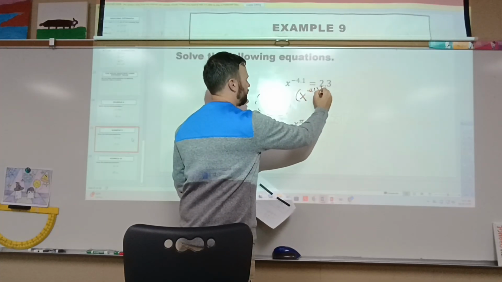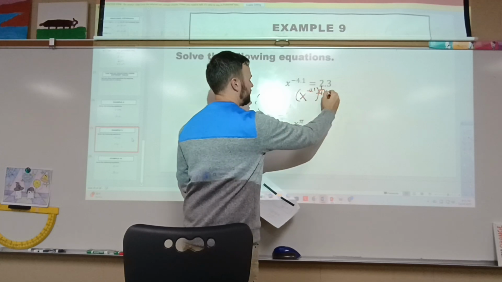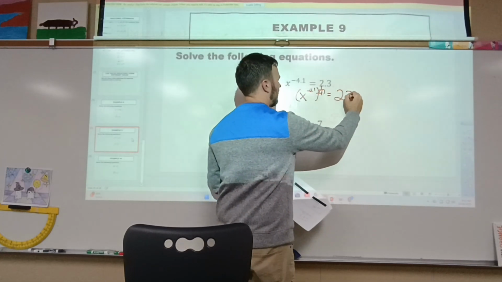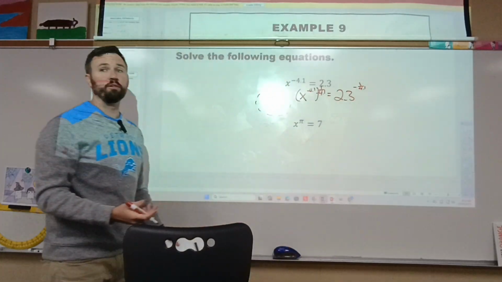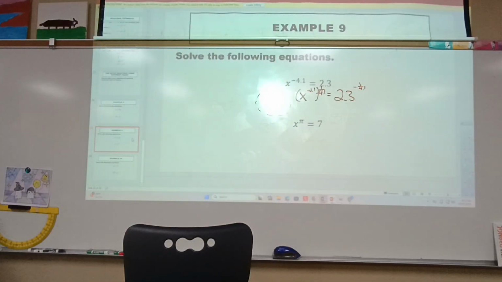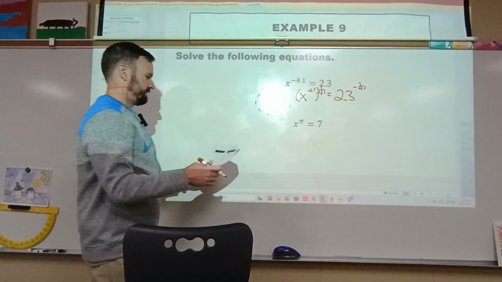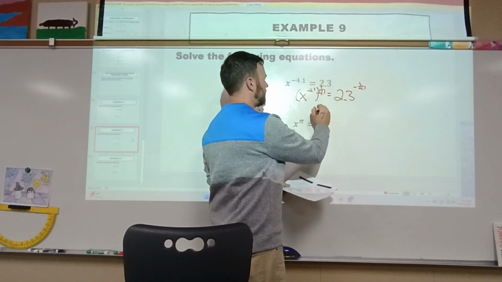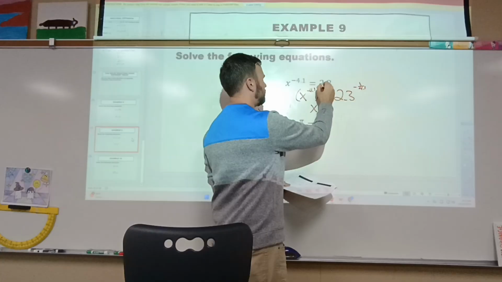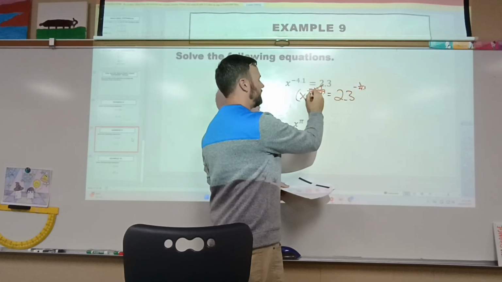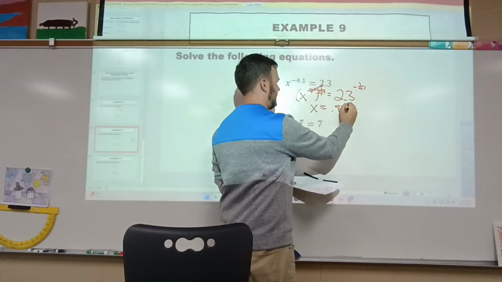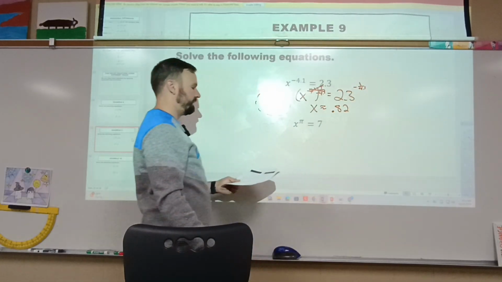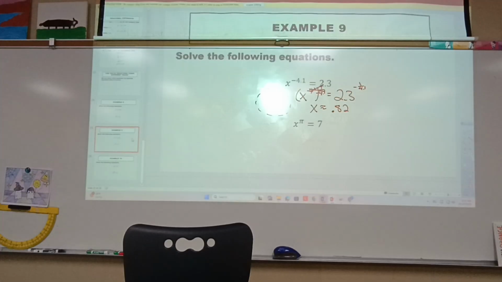Take both sides to the negative 1 over 4.1 power. So try that in your calculator. Again, make sure you know how to do it now. Those are going to cancel, right? I got x is approximately 0.82 when I did it.